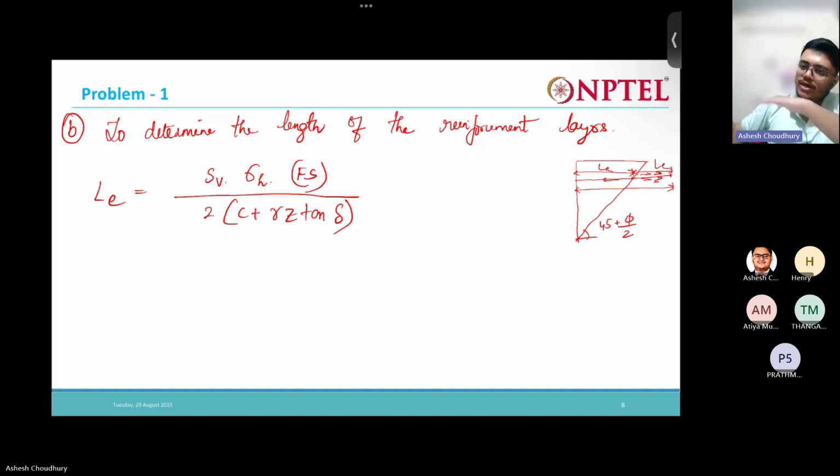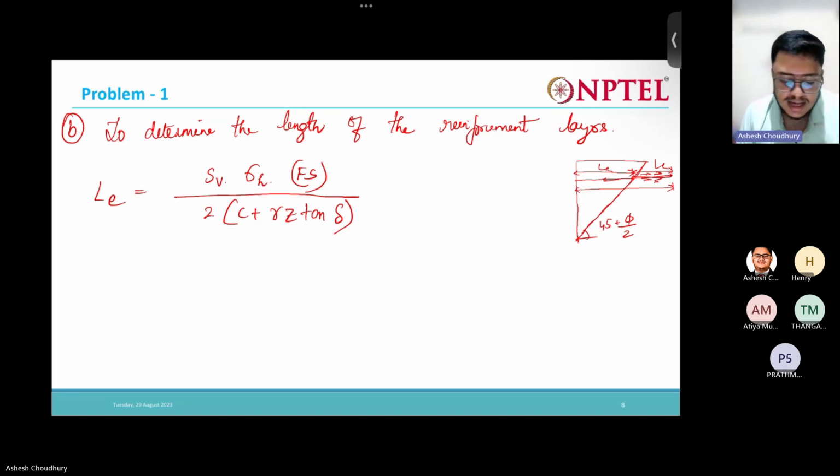That is what holds the active wedge in place. If this length is not present, the wedge will just slide on its own along with the reinforcement. There is no point of providing the reinforcement, so you need to provide some embedment length so that it holds the soil in place.